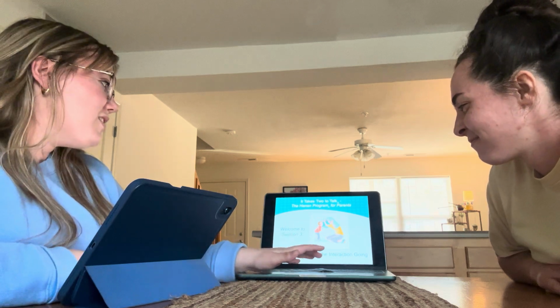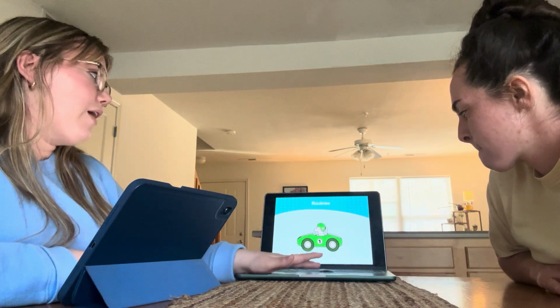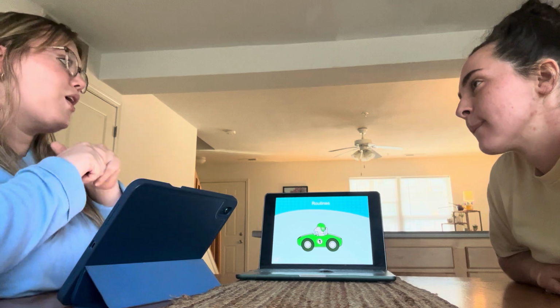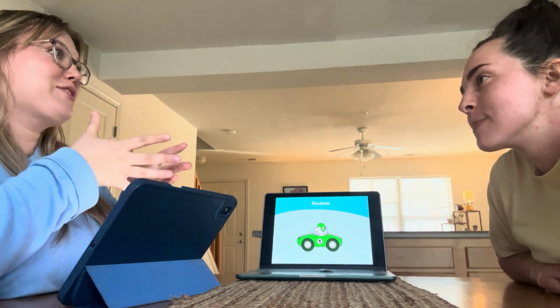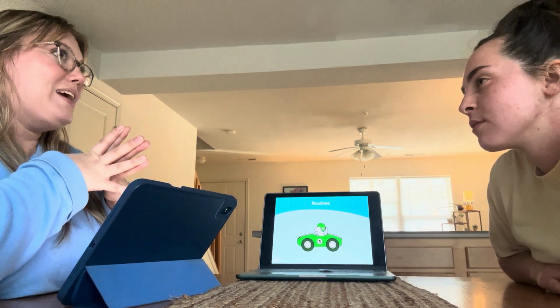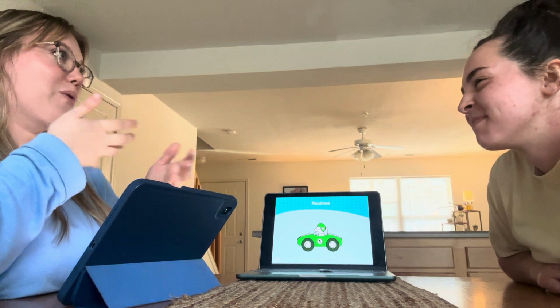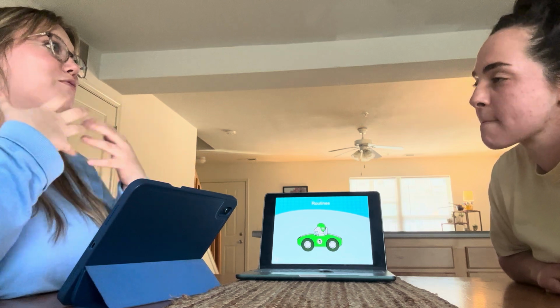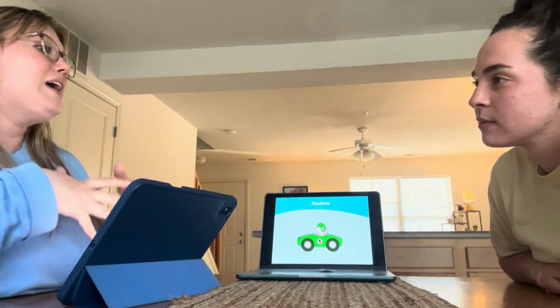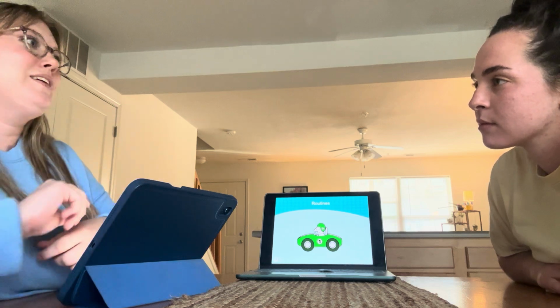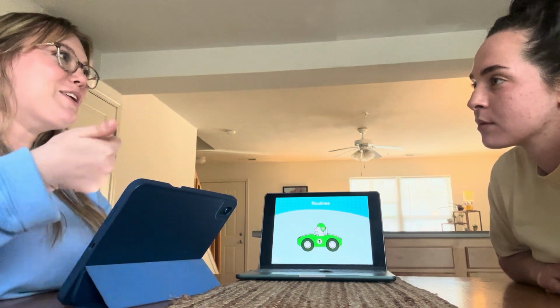All right. So first we're going to look at routines. Let's think about when we first started driving a car. We didn't know how to drive a car. It wasn't a routine. We had to focus on each and every step of getting in the car, buckling, either it's a push start or turning the key.